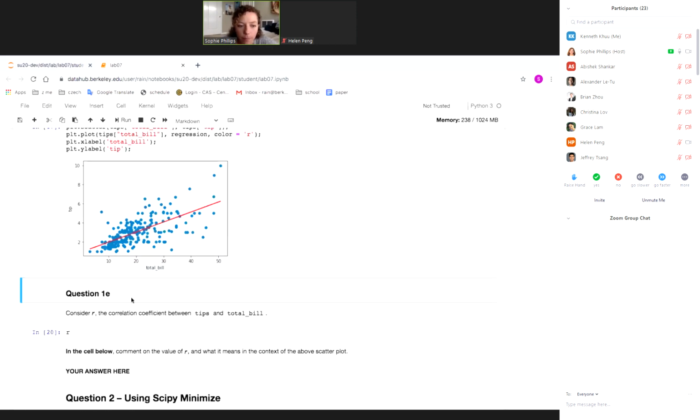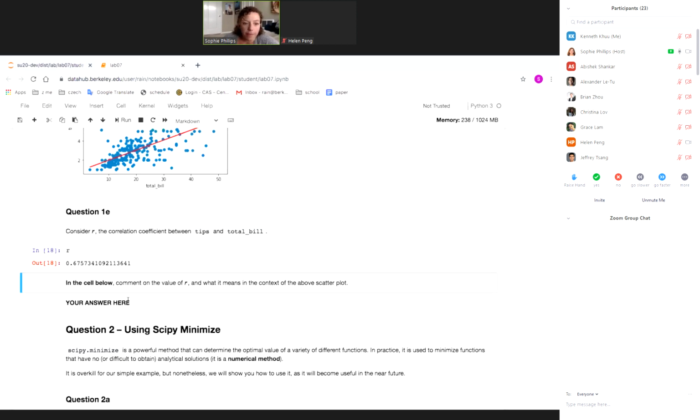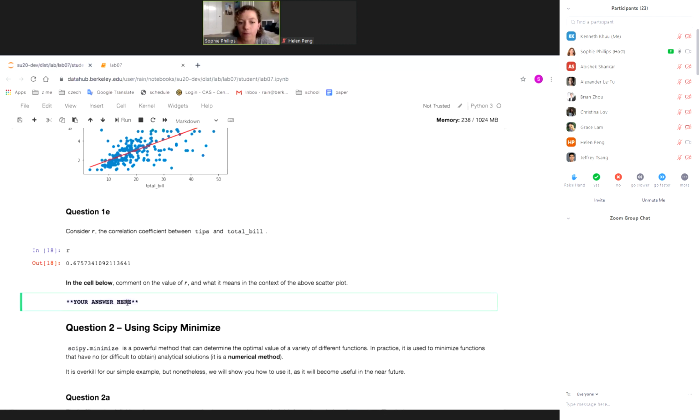Now let's consider the correlation coefficient between tips and total bill. We found R equals 0.67. It's asking us to comment on the value of R and what it means in the context of the above scatter plot. The correlation coefficient ranges from -1 to 1. 1 or -1 means it's highly correlated, and 0 means uncorrelated.